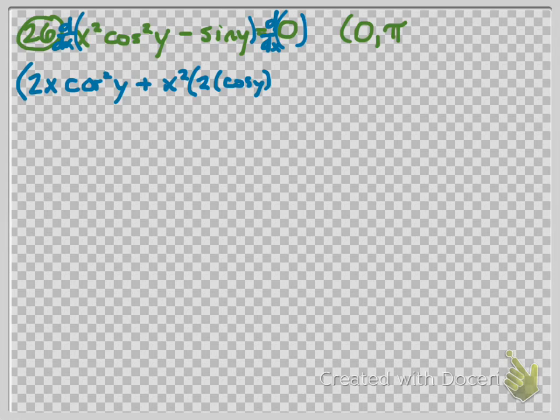Yeah, it's a composite, and the cosine y is your inside function. So that's to the 1 times, ain't no way dy/dx right there, negative sine y. Now what? dy/dx, because now that's the inside part of the sine, right?